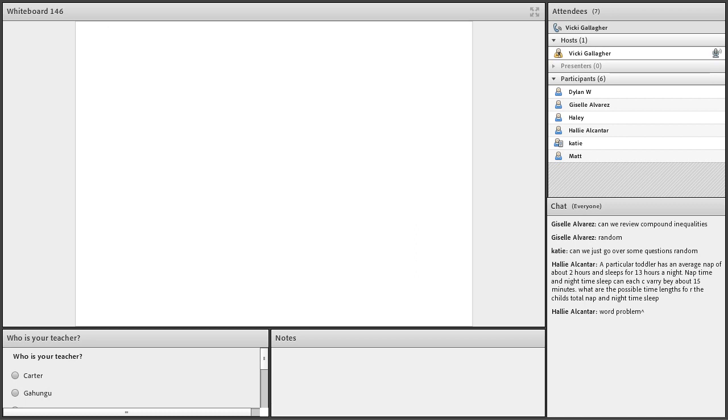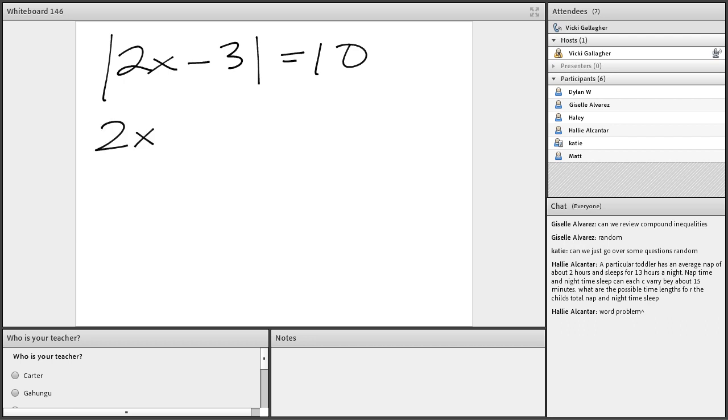On absolute values, we can also have an equal sign, like this. You're still going to do the thing where you get two answers. So anytime you see an absolute value in a problem, you're definitely going to get two answers. Absolute value bars means that there will be two answers.